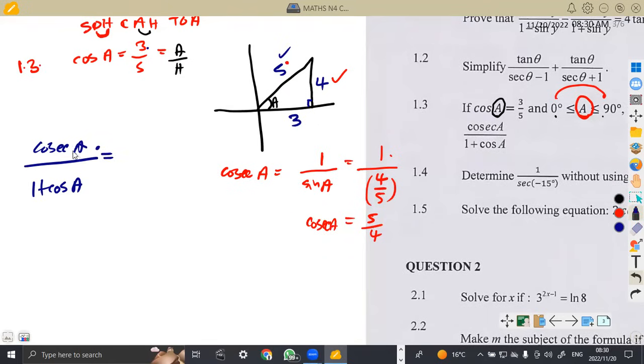Now let's simplify here. We are going to substitute cosec A, which we obtained as 5 over 4.